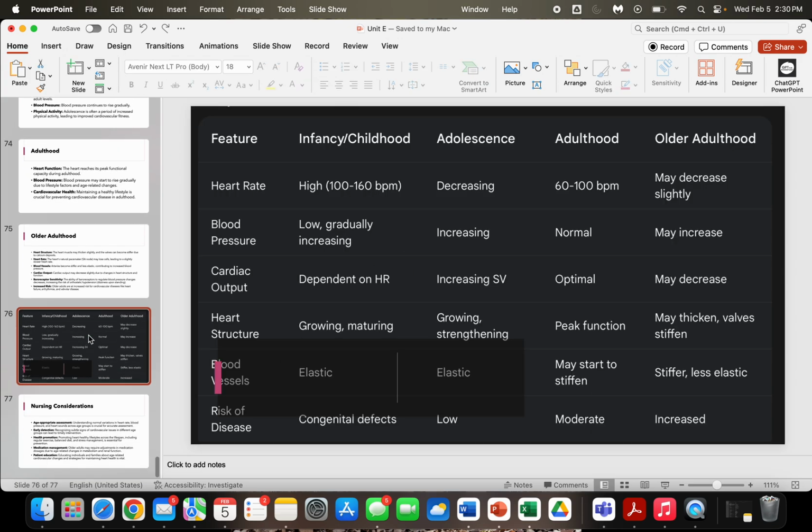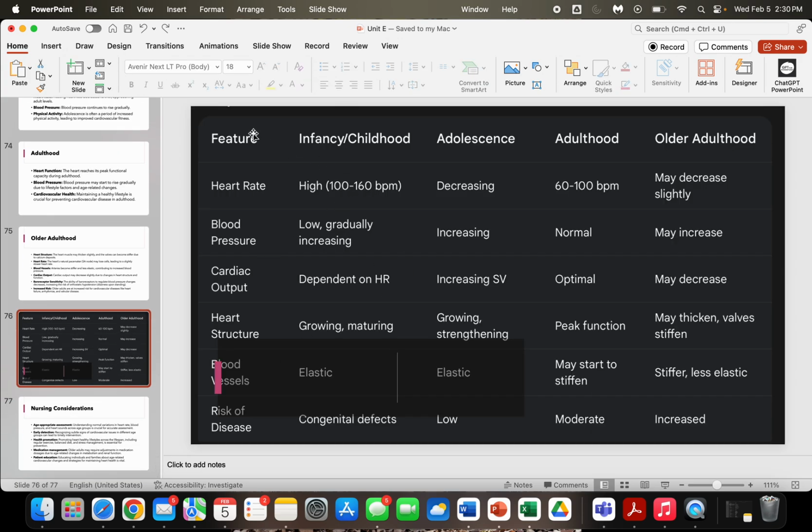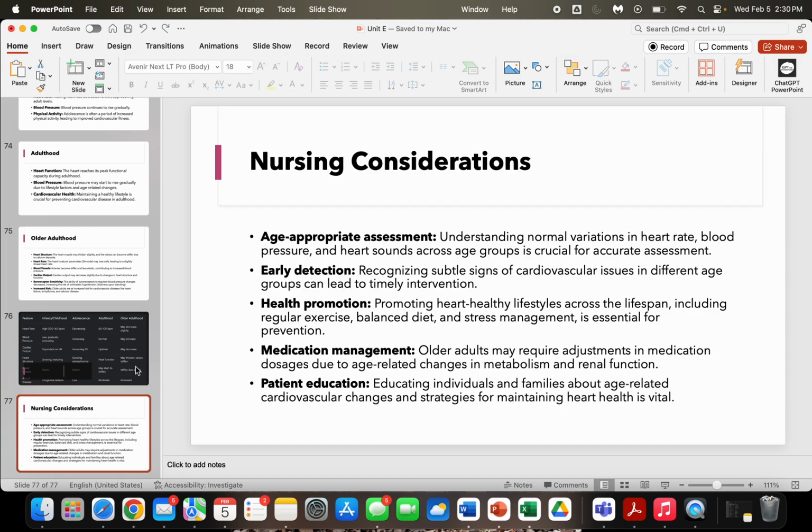So I did throw this little chart in here. It kind of shows you the breakdown between the things, but basically as they age, what changes in reference to this feature, okay? And then as a whole, nursing considerations, make sure we're doing an age-appropriate assessment, right? Understand what normal variations are in the heart rate, blood pressure, heart sounds.